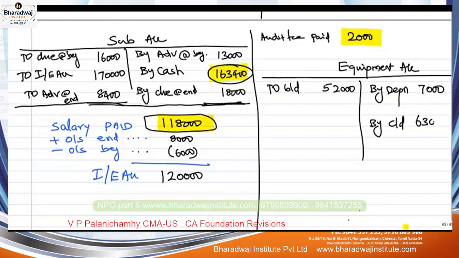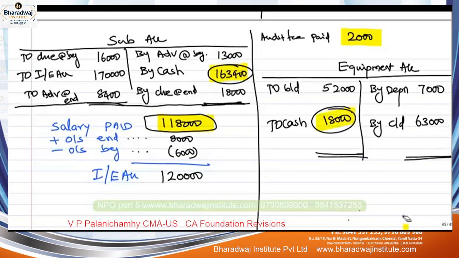After that, the closing balance is given how much? 63,000. As a balancing figure, you will get purchase of equipment. 18,000 purchase of equipment. That will come in payment side. Whatever is paid will come in receipts and payments account.